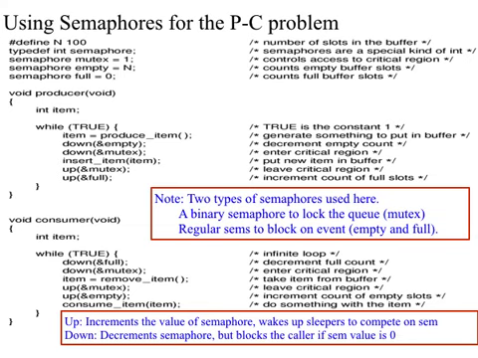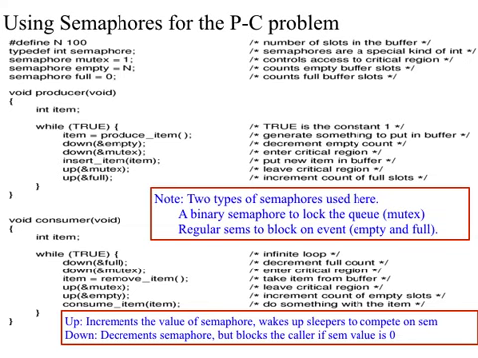We have two types of semaphores. One is a mutex, and there are two general semaphores. The general semaphores are also known as counting semaphores because the semaphore counts the number of instances of a resource. So we have a mutex which guards the shared buffer.